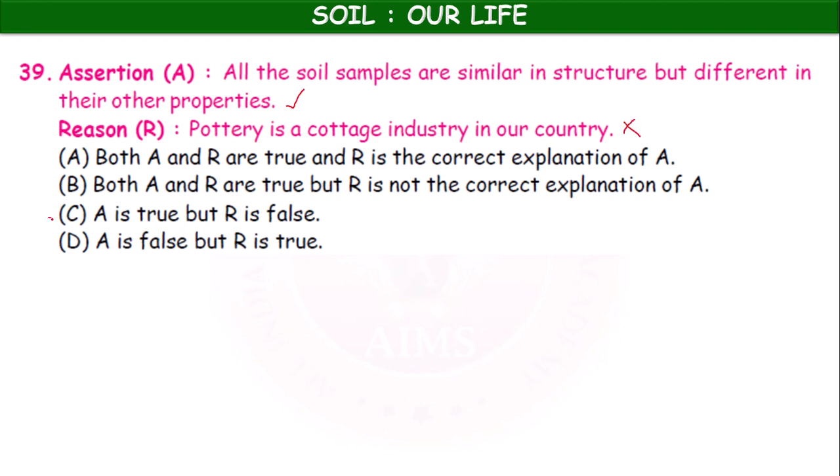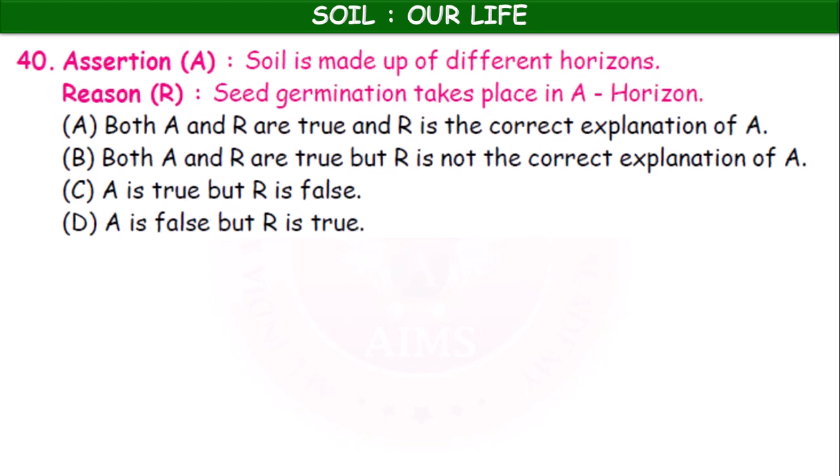Assertion is true, but reason is false. Next question. Assertion: soil is made up of different horizons. Yes. Reason: seed germination takes place in a horizon. Yes. Both assertion and reason are true, and the reason is the correct explanation of assertion.